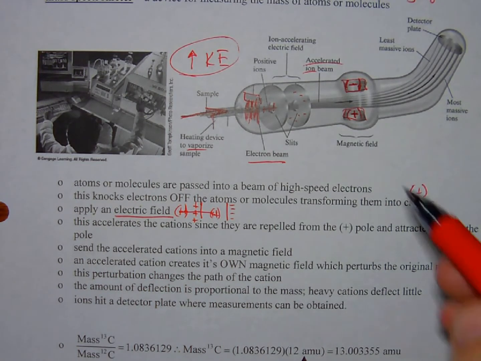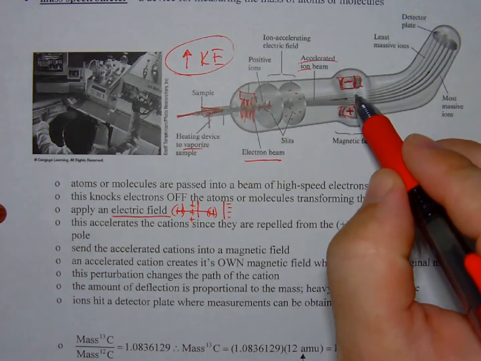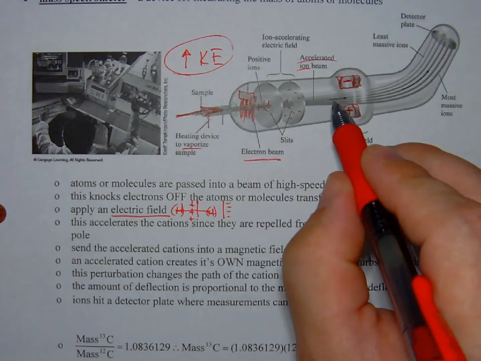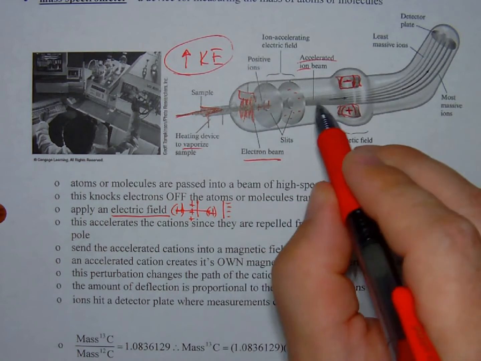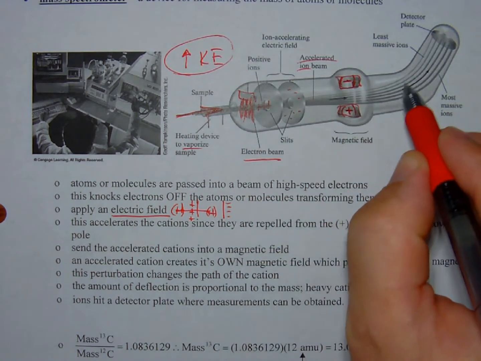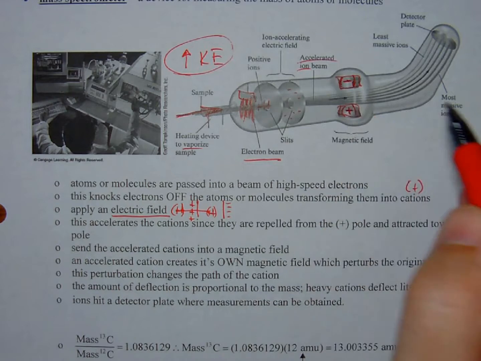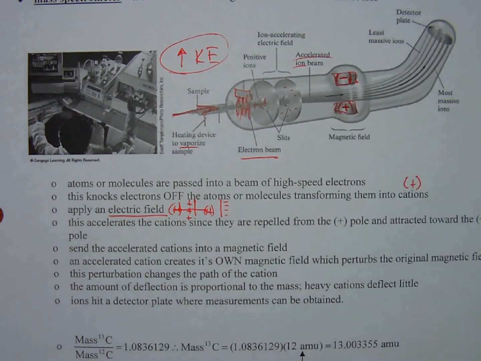And this causes an interaction with this magnetic field, positive up here, negative down here, such that it would curve. Since they're positively charged ions, they're going to curve upward, towards this plate. It's going to deflect them up in this particular case.